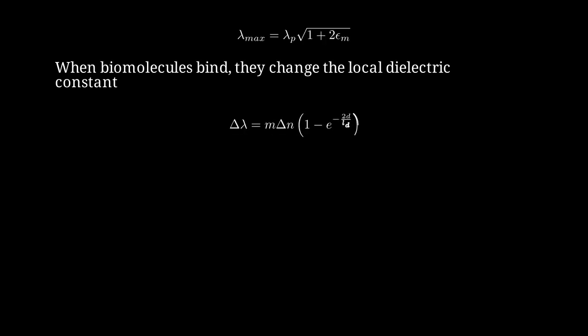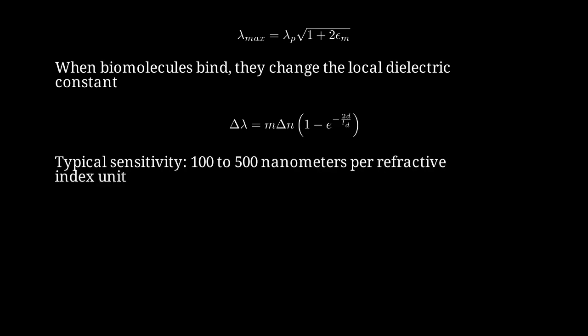The wavelength shift delta lambda equals m times delta n times the quantity 1 minus e to the negative 2d over ld, where m is the sensitivity factor, delta n is the refractive index change, d is the adsorbate thickness, and ld is the decay length. Typical sensitivities for gold nanoparticles range from 100 to 500 nanometers shift per refractive index unit. This allows detection of incredibly small amounts of biomolecules.